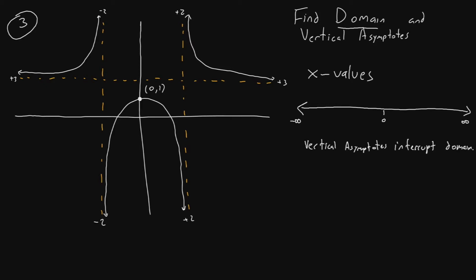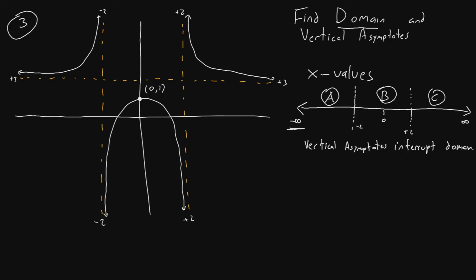So let's look for our vertical asymptotes on the graph. We have a vertical asymptote here at -2, so we'll put a dotted line there. And then we have another at +2. So those vertical asymptotes will break our x values into 3 regions: A, B, and C.